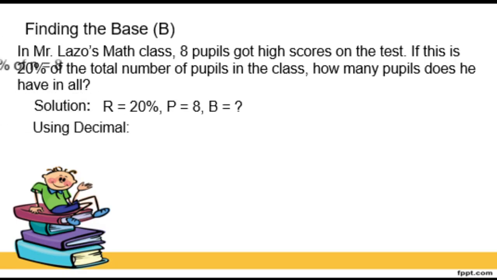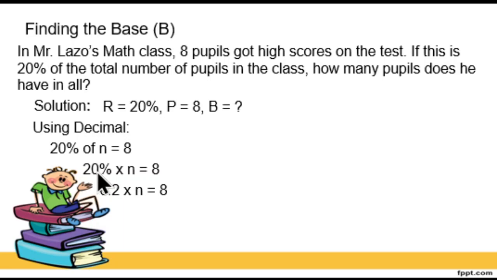So using decimals, that is 20% of n is equal to 8. So that is 20% times n. Why is it? Because "of" in mathematics becomes times. And to express 20% in decimal, that is 0.2 times n equals 8.